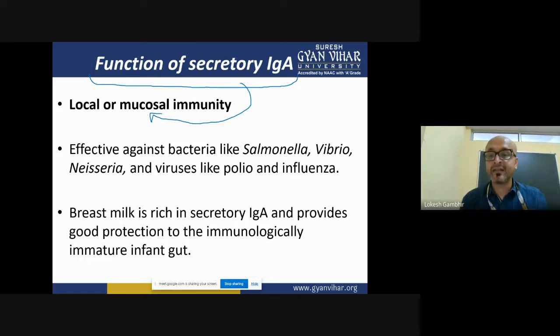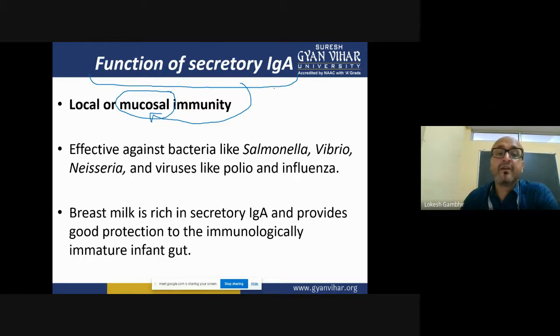If in the pulmonary section that secretory form is present, that is providing immunity in that section. Wherever the secretory fluid is there, it will be providing immunity in that section, and that comes as the mucosal part. It's the mucosal immunity that is majorly contributed by IgA.